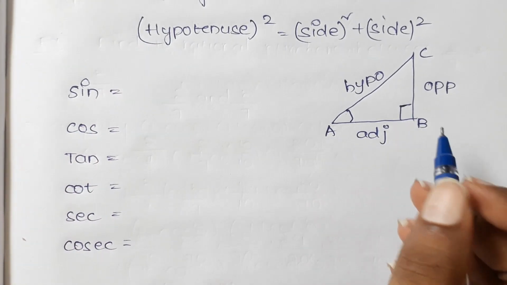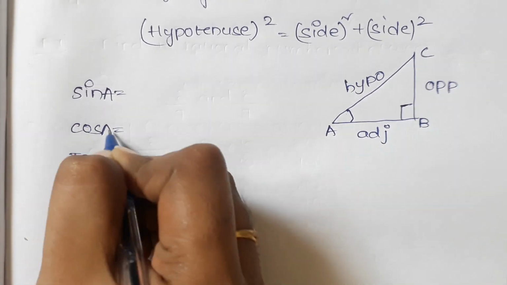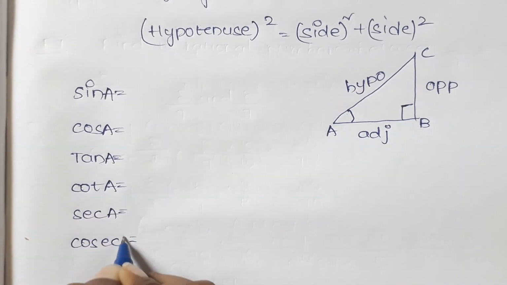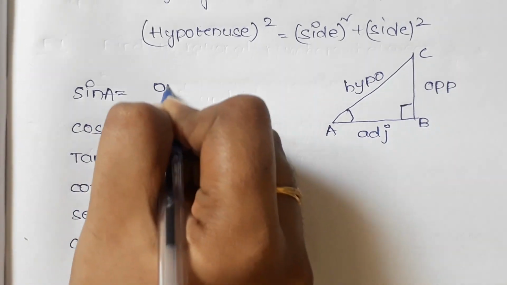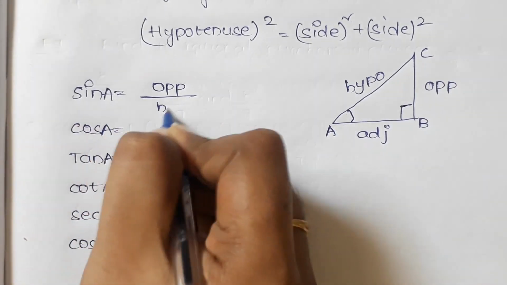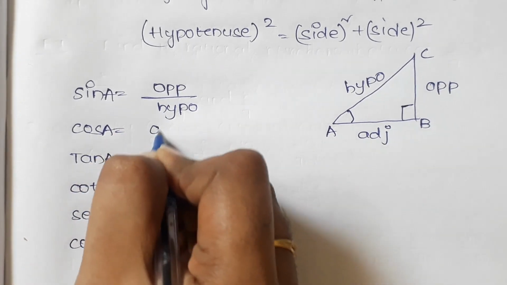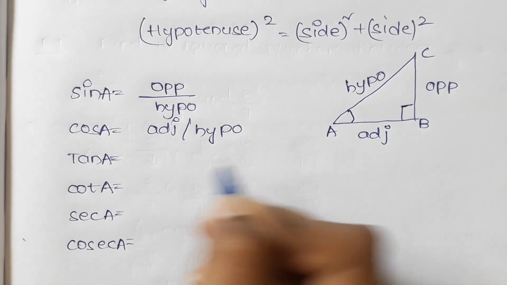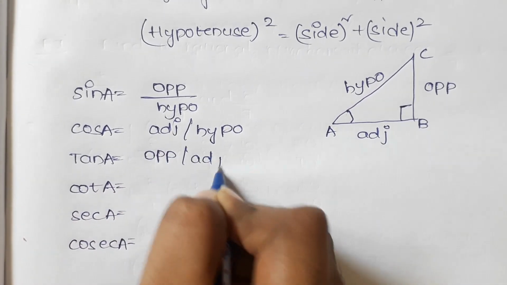For this right angle triangle, let us take the angle as A: sin A, cos A, tan A, cot A, secant A and cosecant A. For sin A, the formula is opposite by hypotenuse, cos A is adjacent side by hypotenuse, and tan A is opposite side by adjacent side.